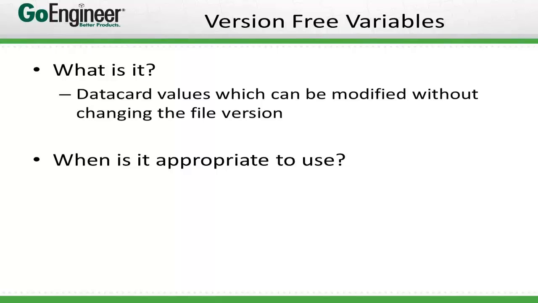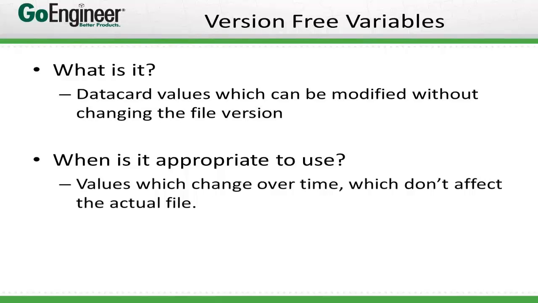They're commonly used for reference only, to display values that may be controlled by other systems or processes, but are maybe convenient to associate with a file. So for example, cost or preferred manufacturer, they're values that when they change, they don't really necessitate a new version of our file.